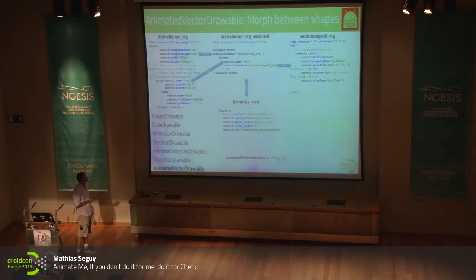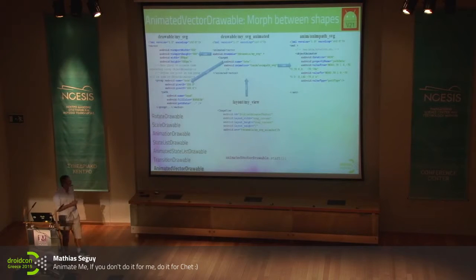Instead of using the object animator with property name rotation or translation, the property name is pathData, and we're going to change the path data. So we give the from value, which should be the same as here, and the to value, which should be your target value. And you say your value type is path type.